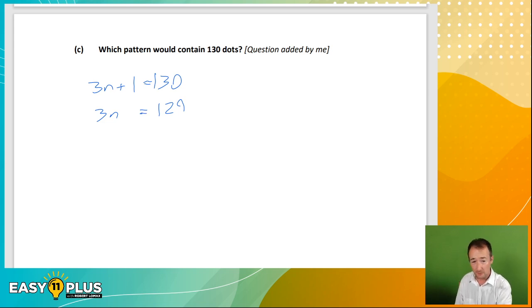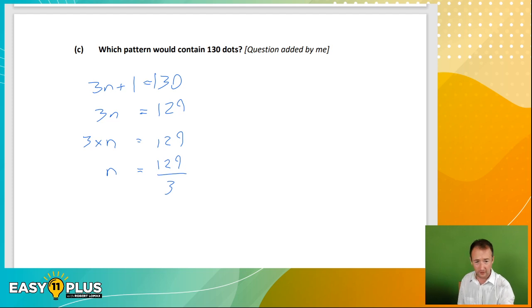Now, 3 times n is 129. I'll write that out in full, just so it's absolutely clear what's going on. 3 times n is 129. So 1 times n is going to be a third of 129, if you think about it logically.